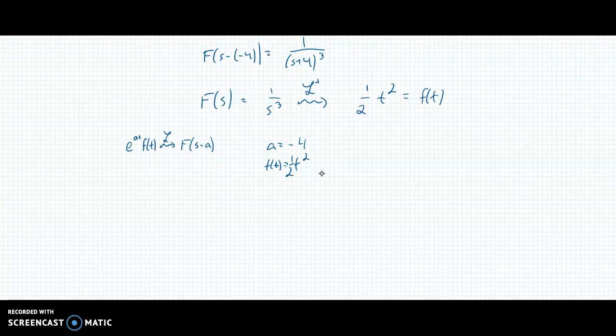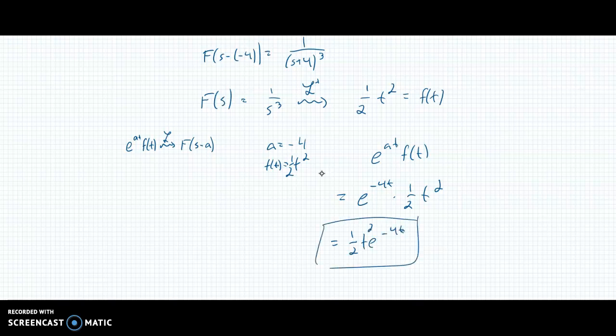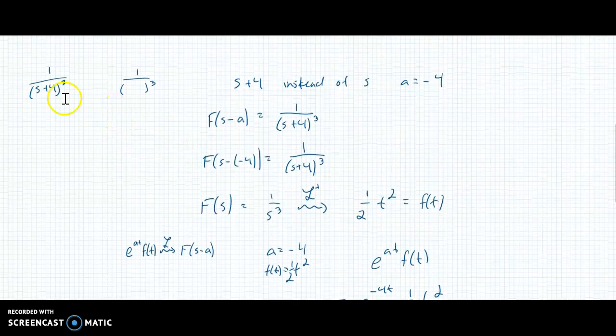So what is e to the at times f of t? Well, that's equal to e to the negative 4t times 1/2 t squared. So I write that as 1/2 t squared e to the negative 4t. And that is just taking these pieces and identifying them based on how this was originally given to me. So let's do another one.